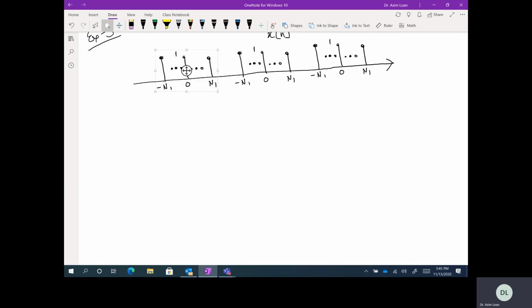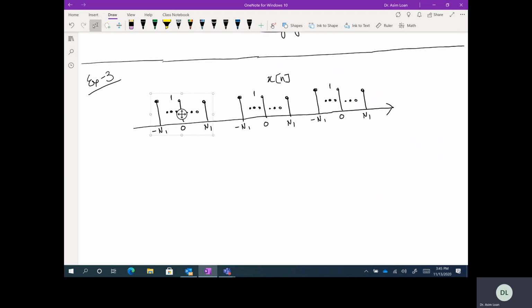This should be all right. Let me move it a little. Okay, so let me relabel it. This is n. This is n minus n1. This is n plus n1. This is again minus n, minus n minus n1, and minus n plus n1.